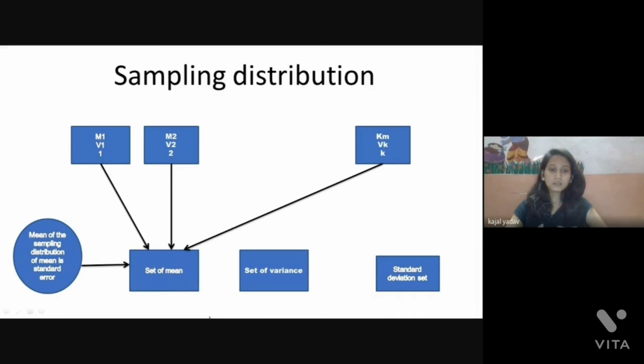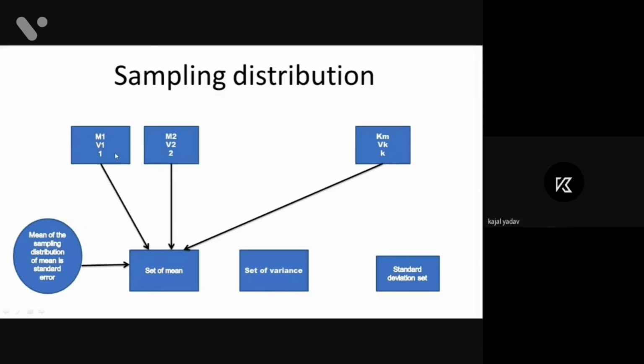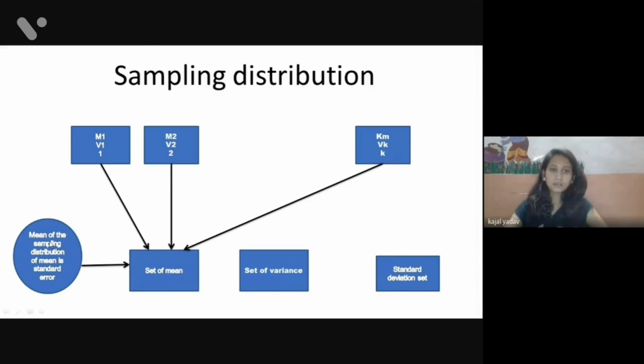This set of means we can call the sampling distribution of the means. When we collect all the variances from the k samples, we call it the sampling distribution of the variance. When we collect the standard deviation of each and every box, we call it the sampling distribution of standard deviation. So this is a brief idea of the sampling distribution.